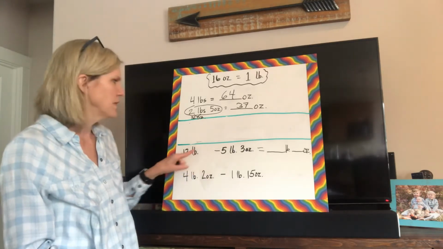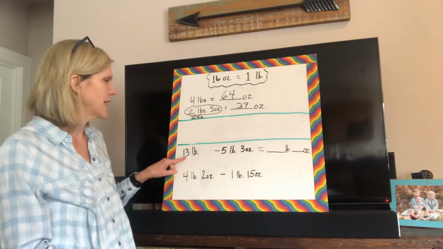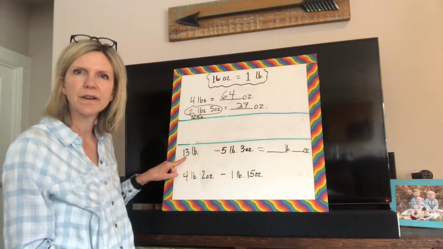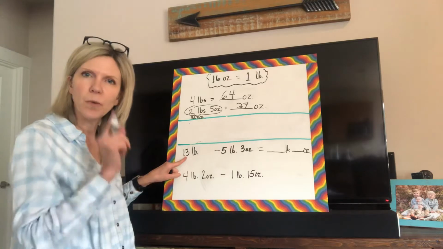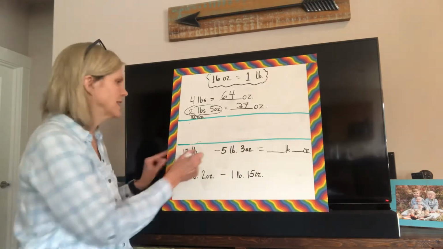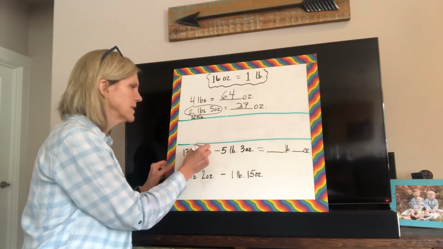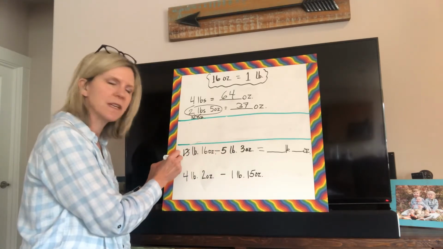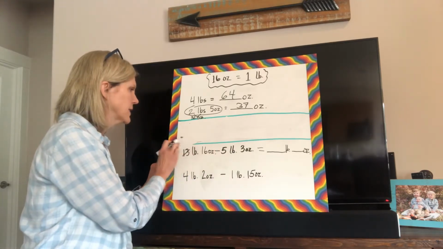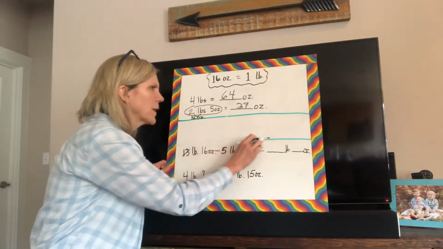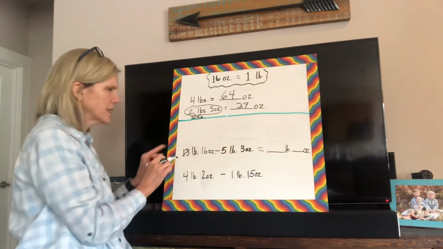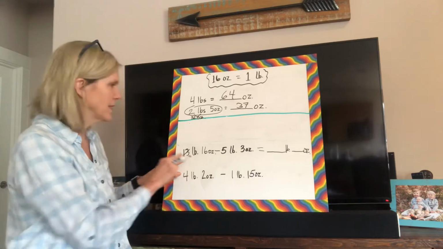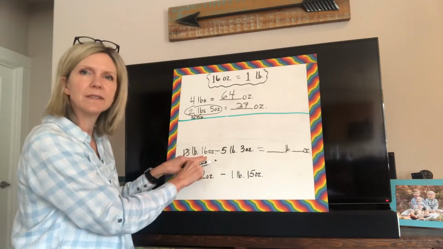Well, the best way is to take some ounces out of here. How much is 1 pound? It's 16 ounces. So we're going to take a pound out of that 13. We're going to take 1 pound, and we put it over here as 16 ounces.